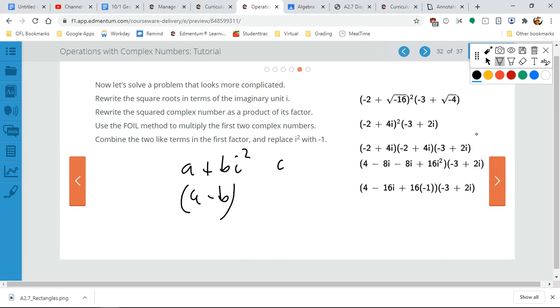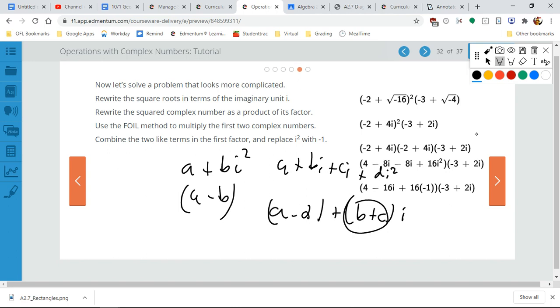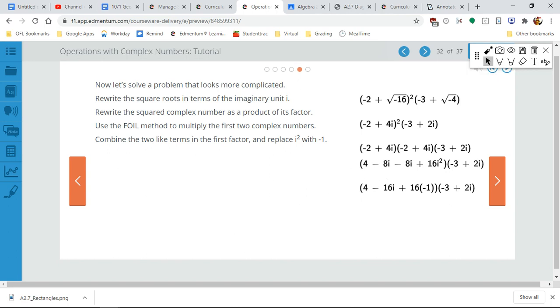Or if you have something like a plus bi plus di plus di squared, this would end up turning into one number itself. This i squared turns into a negative. And then we're going to have this plus b plus c i. So it's still going to be a binomial. And they're going to show that right now.